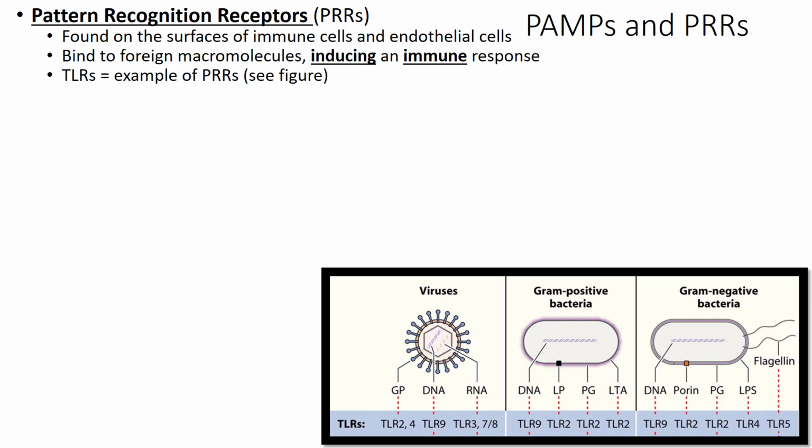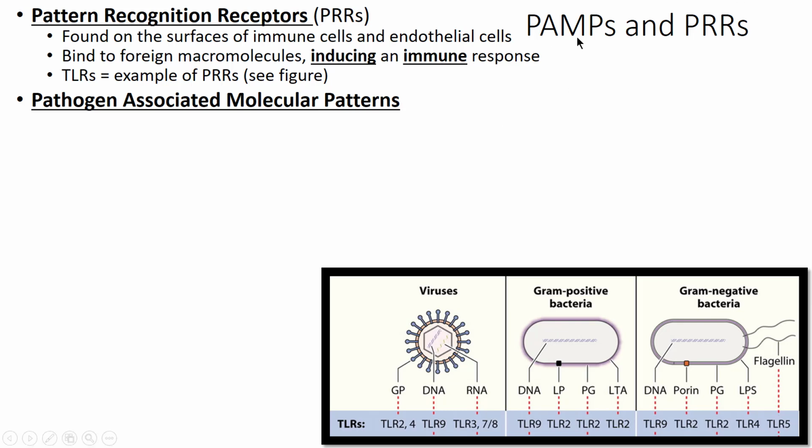There are a variety of pattern recognition receptors. TLRs are one of the most common examples of those, which we'll see on the next slide here. Ultimately, PRRs bind to pathogen-associated molecular patterns, PAMPs, and PAMPs are various types of macromolecules that are exclusively unique to microorganisms.